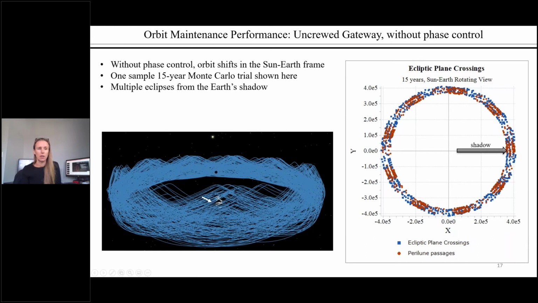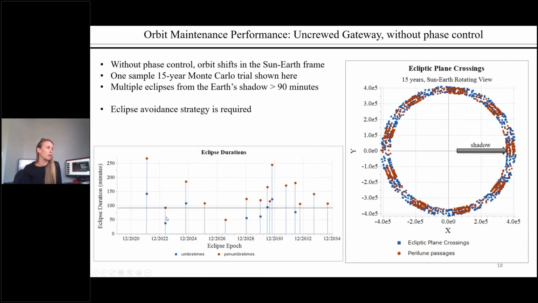So we do have ecliptic plane crossings and paraloon passages in this region here. Without maintaining the phase, we do drift in this particular trial into eclipse. And you can see them here. I think I counted these, there's like 11 or 15 or something eclipses that were over the 90-minute limit. So we need to have a strategy to avoid eclipses.